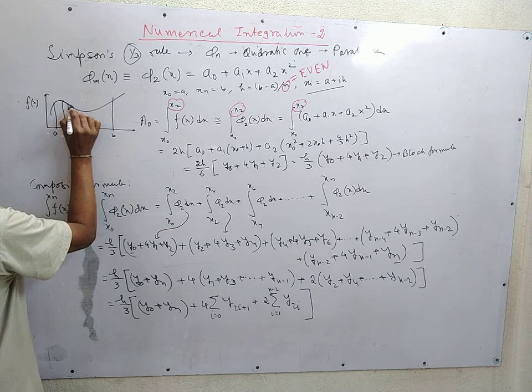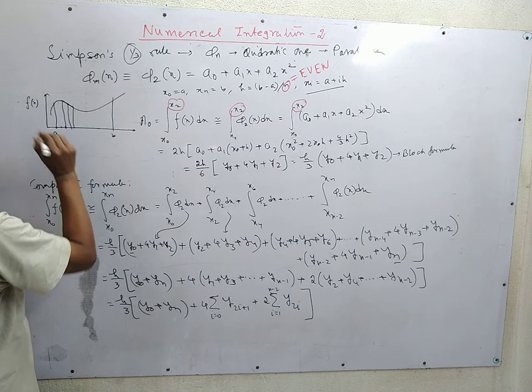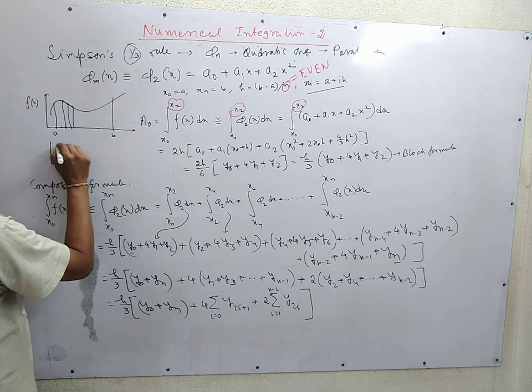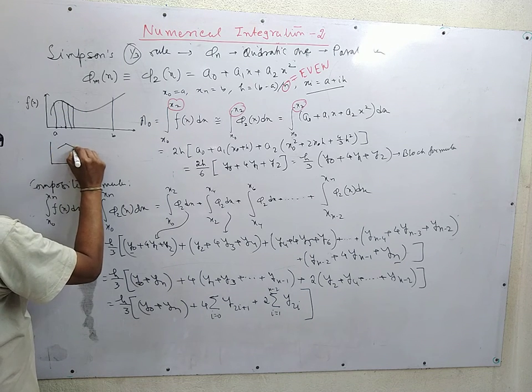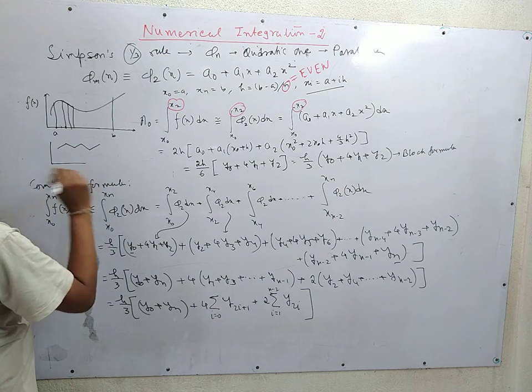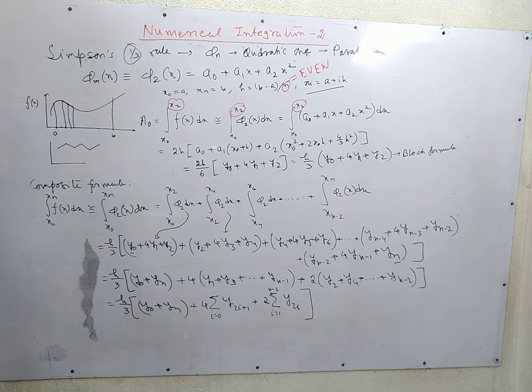This parabola is different from this parabola. As in the case of trapezoidal rule, the straight lines were different for different segments. Similarly, the parabolae that we use in Simpson 1/3 rule change from one block to another block.